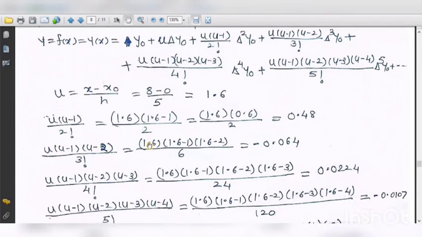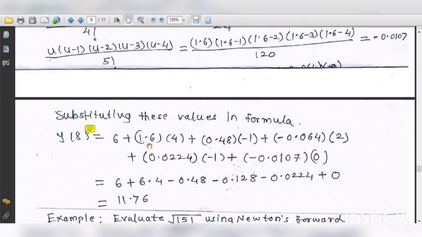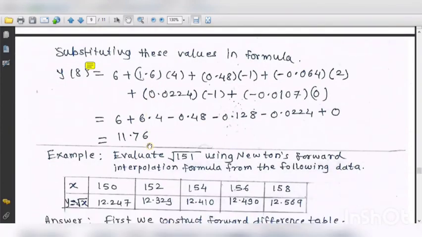So here we have seen two examples of this. This is another example I am giving you for practice. You can construct the forward difference table and obtain the value. Here your function is y equals root x, and you have to evaluate the square root of 151. That means your value of x is 151 here.